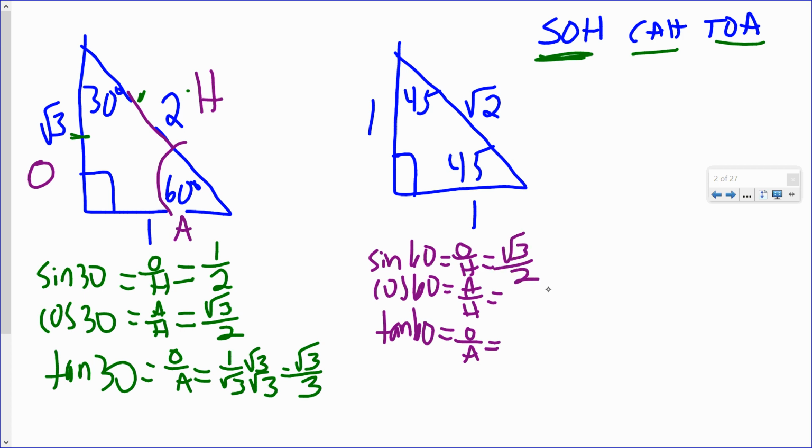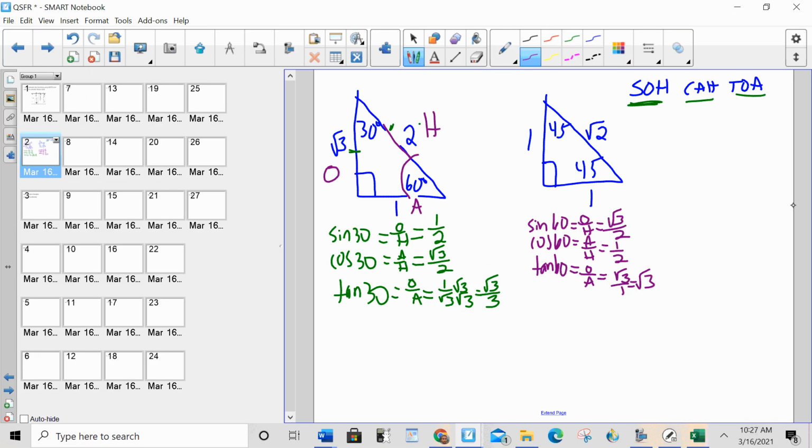A over H would be 1 over 2. O over A would be rad 3 over 1, which is just rad 3. So those are my special values for 60 degrees.